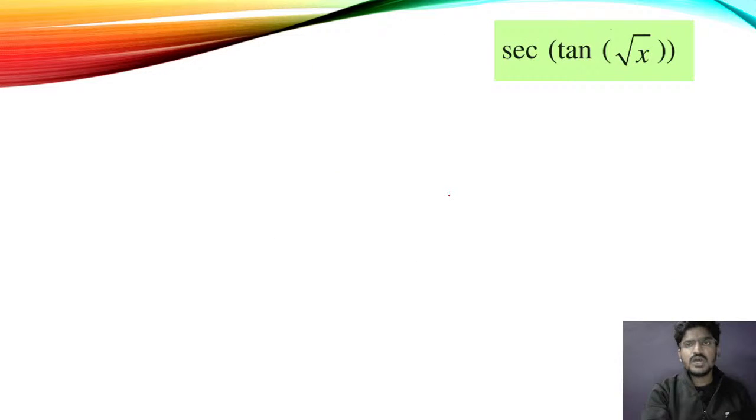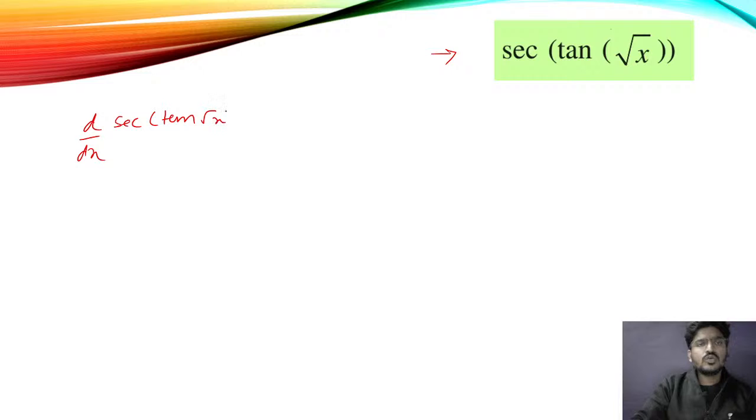Now let us move to the next question. See, sec of tan root x. So you try this sec of tan root x. I think if you try this, you are going to get your answer as d by dx of sec of tan root x.